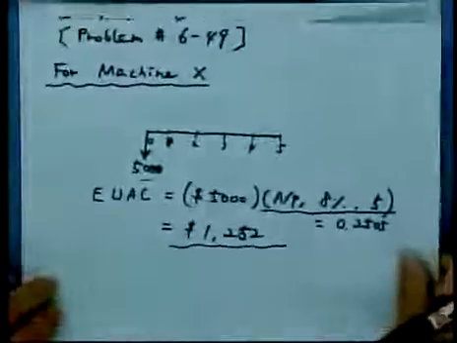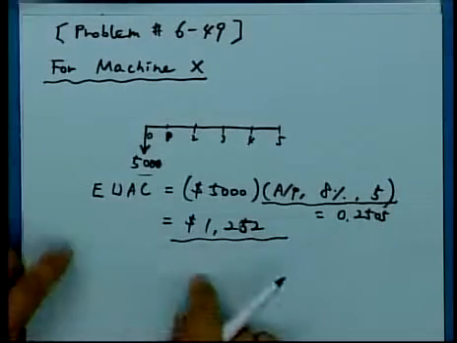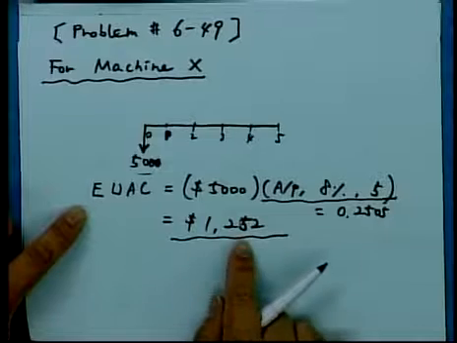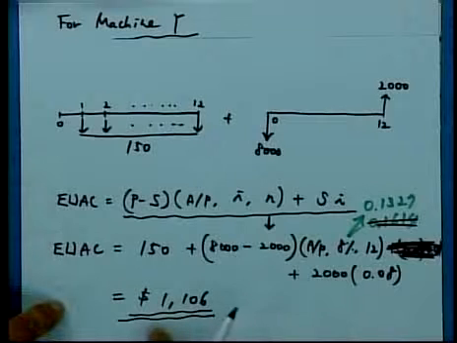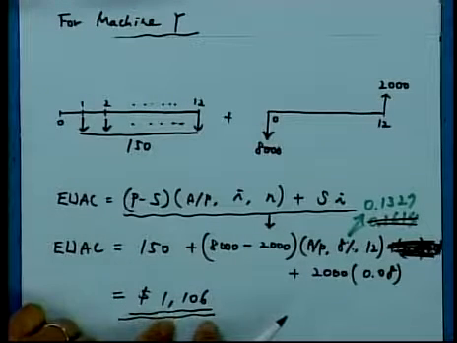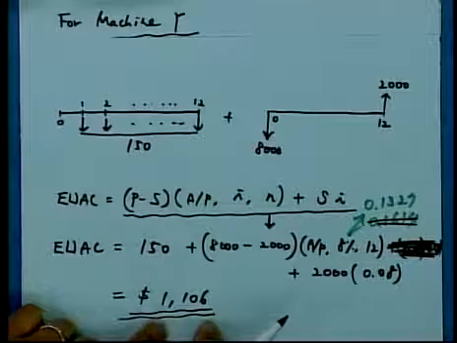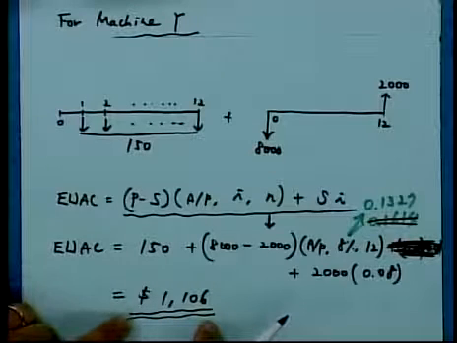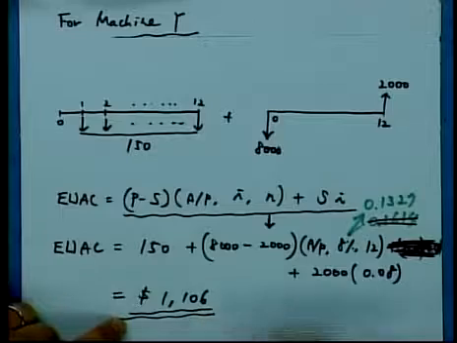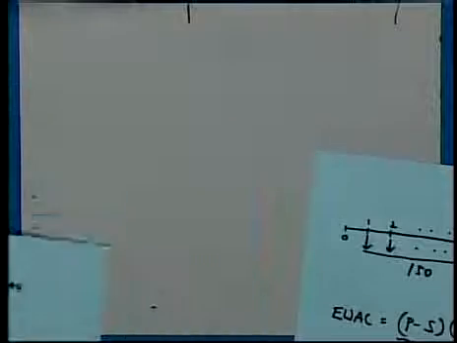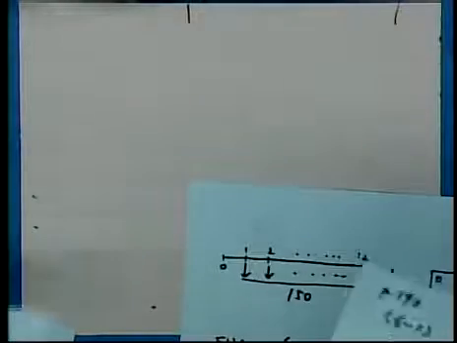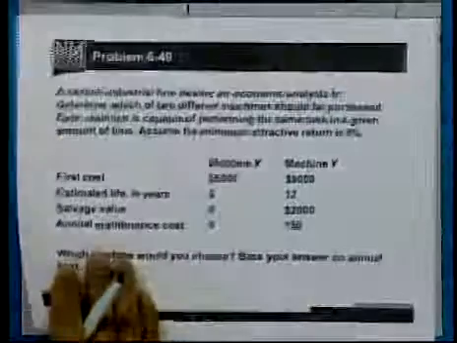So for machine X, the equivalent uniform annual cost is $1,252. For machine Y, the equivalent uniform annual cost is $1,106. So you need to choose machine Y, right? Because it will cost you less money. So this is problem 6-49.